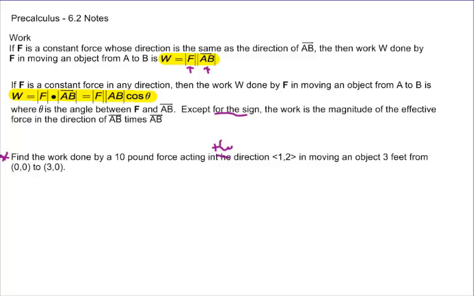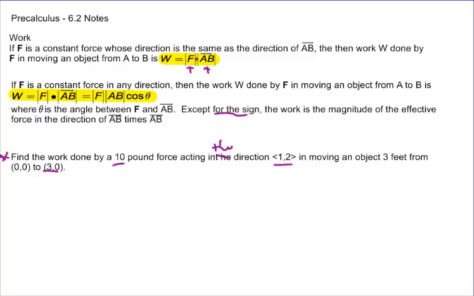Basically, we're going to take F and dot it with the direction that we're going. Here's the direction that we're going, and my force is 10, and it's being pulled from 0, 0 to 3, 0.